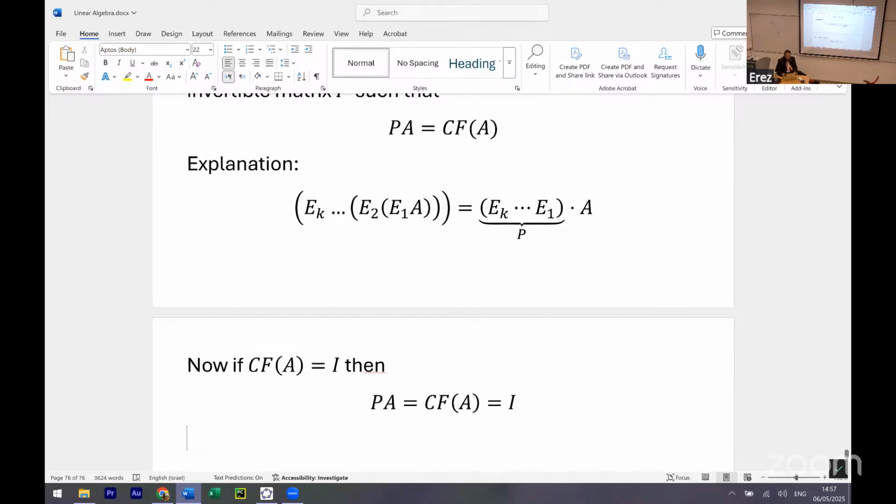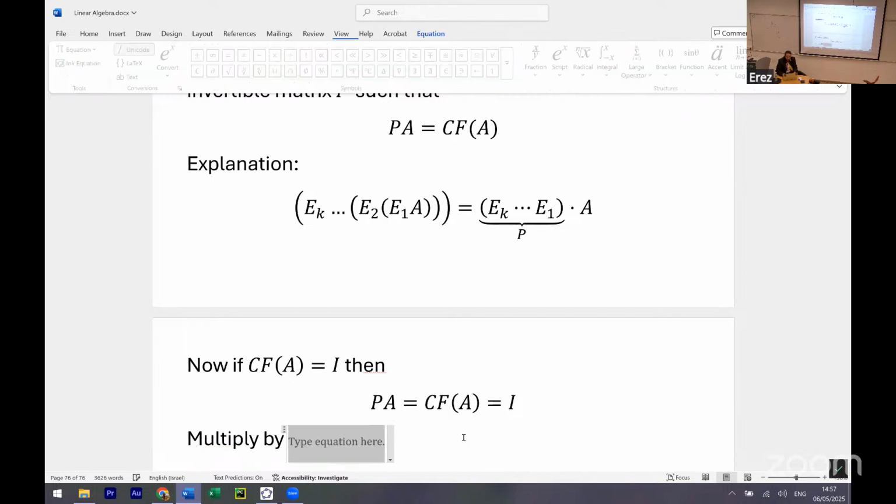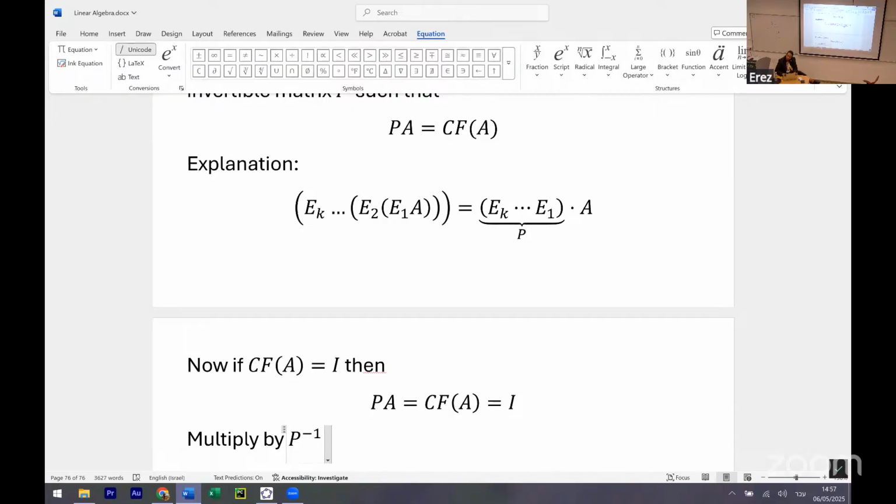Multiply by the inverse of P, because P is invertible. I know nothing of A now, but P is invertible. So I can multiply by the inverse of P, and what will I get?